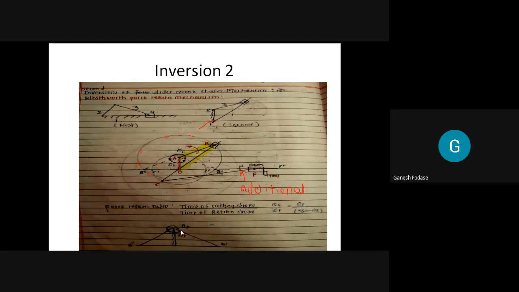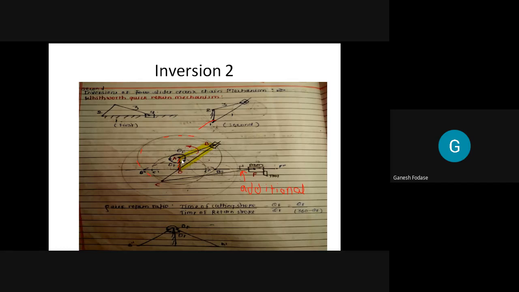That is the return stroke. So the angle turned during the forward stroke is theta F. You can see the crank angle turn from AB dash to AB double dash. This angle is theta F, and this other angle is theta R. If you observe, theta F is more as compared to theta R. And we know theta is equal to omega times T. As omega is constant, since these mechanisms are driven by motors, theta is proportional to time.